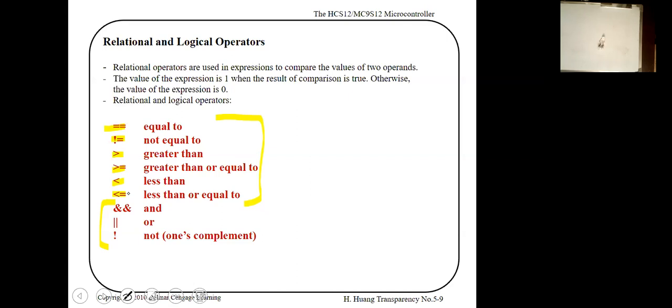which combines conditions. For example, if I write on the board, you can say in C, if x is less than 10 and x greater than 0, then do something. So here I need to use double and to indicate that this is a logical operator.